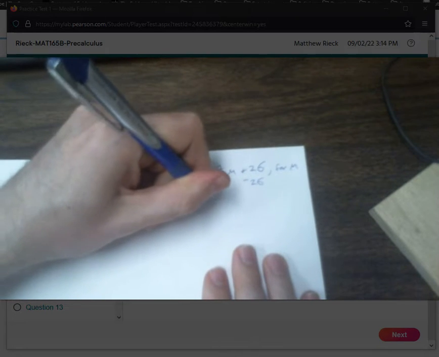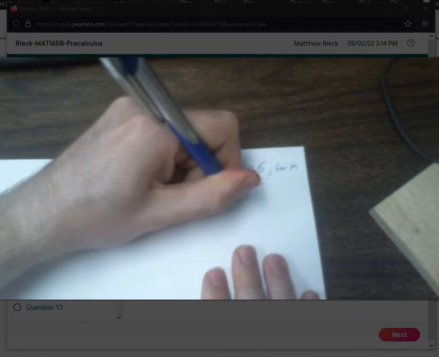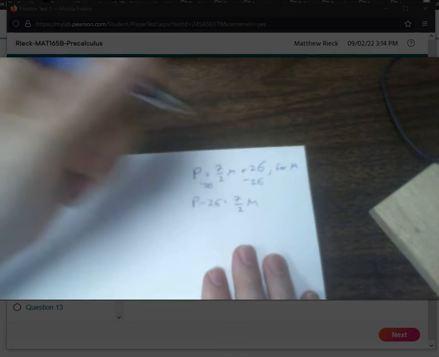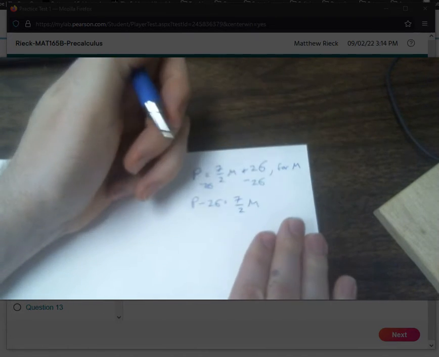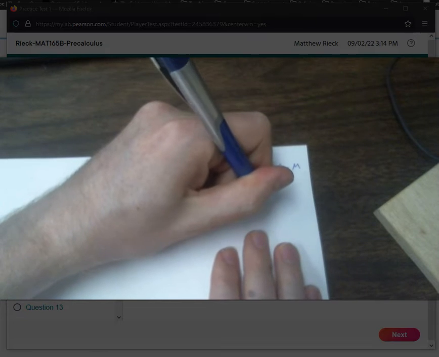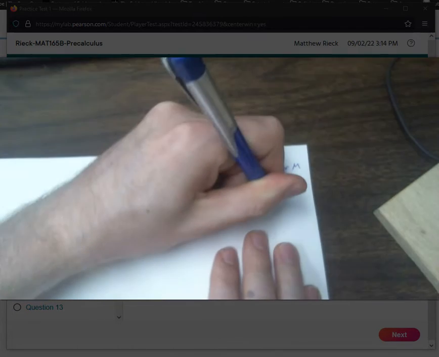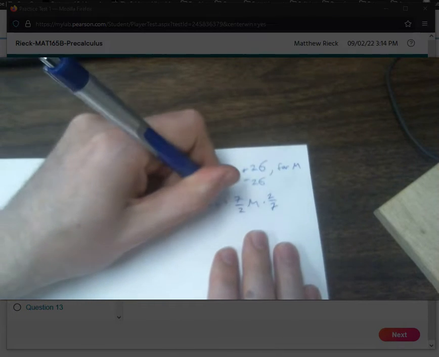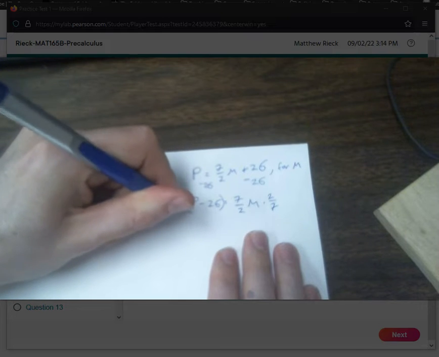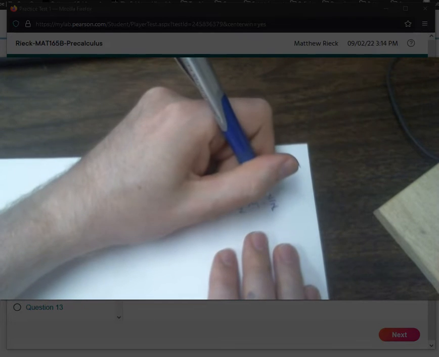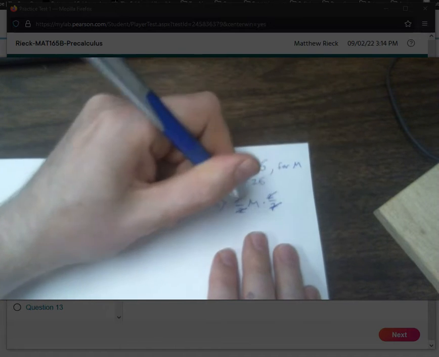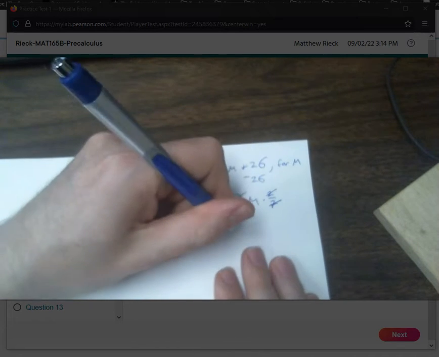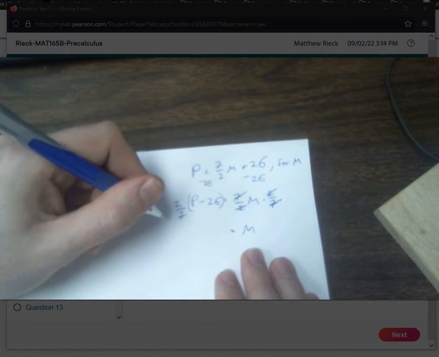So we have P minus 26 equals 7 over 2 times M. And to get M equals something, you can divide both sides by 7 over 2, or you can also multiply by the reciprocal of your fraction. So you can multiply both sides by 2 over 7. The 2's will cancel, the 7's will cancel, so we're just going to be left with M on that side.